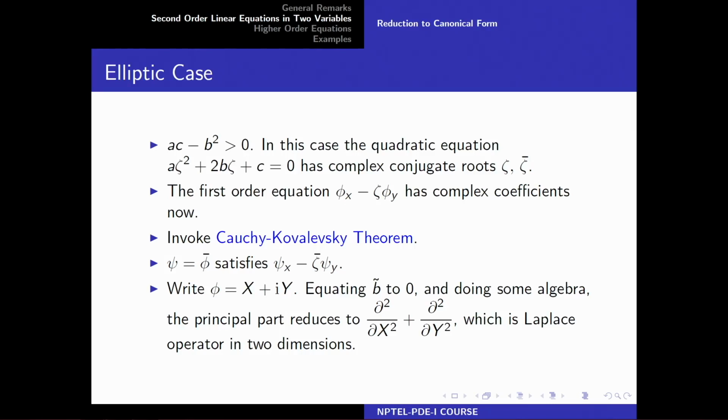Then you have the heat equation, del u by del t equal to a square del square u by del x square. So, x and t both come there. That is parabolic. And del square u by del x square plus del square u by del y square equal to 0, that is the Laplace equation. So, we have typical examples of hyperbolic, parabolic and elliptic equations.